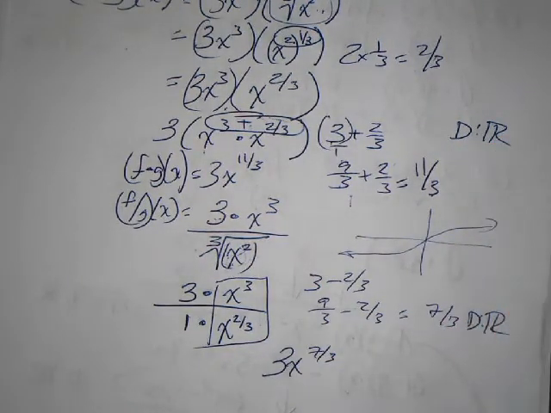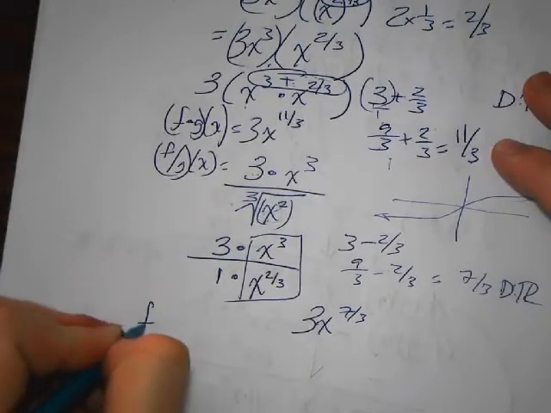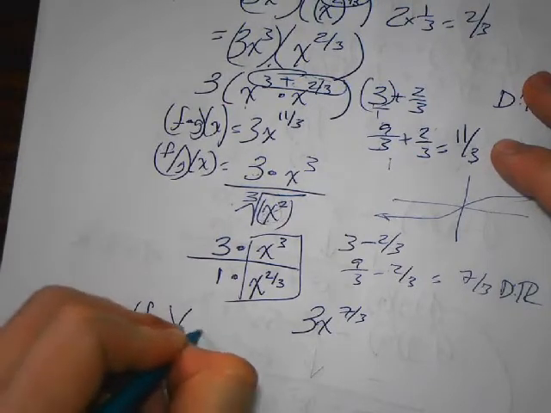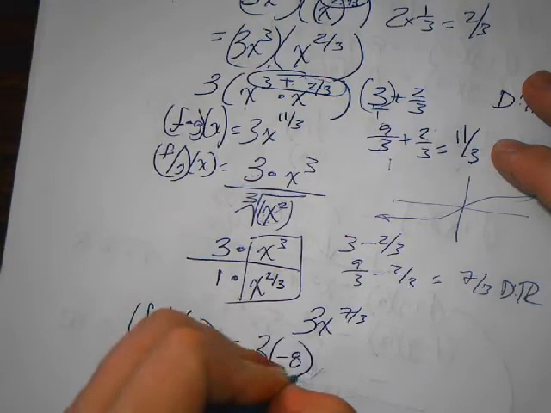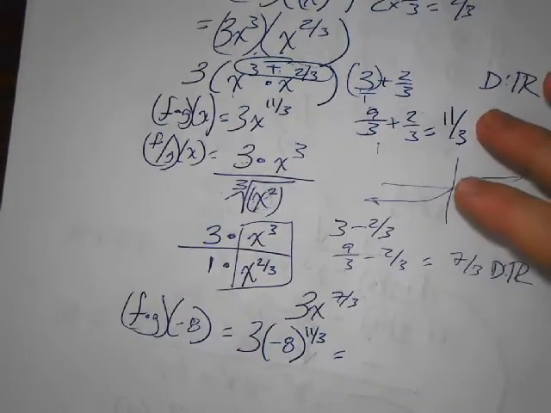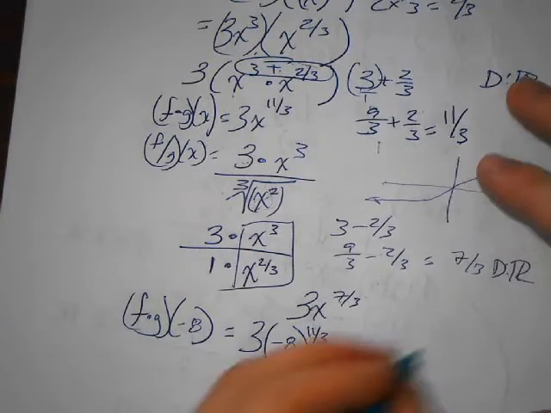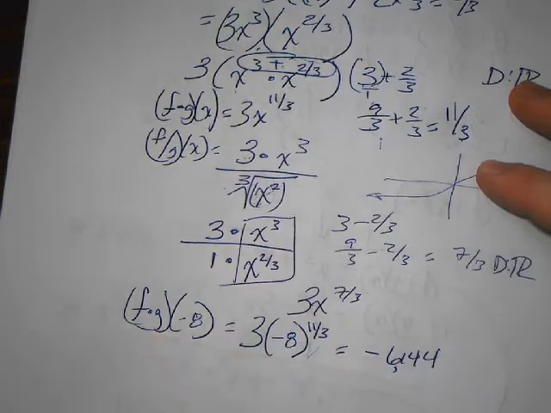When you go to substitute in on number 3, they want you to actually substitute in for where x is -8. So when we have f times g of -8, we're going to have 3 times -8 to the 11/3 power, like this. And that gives us, on our calculator, -6144.